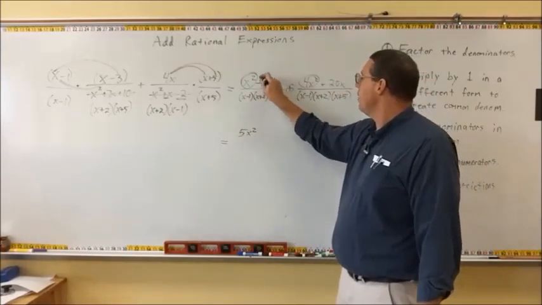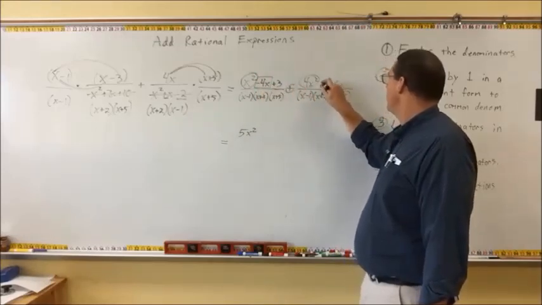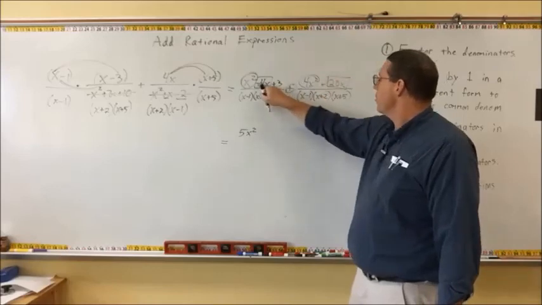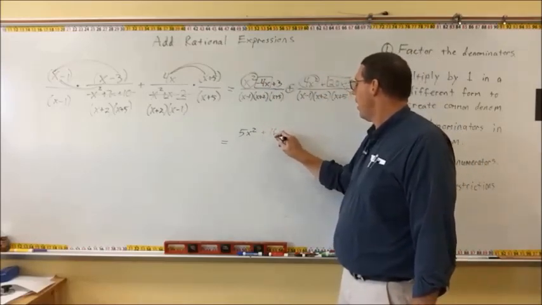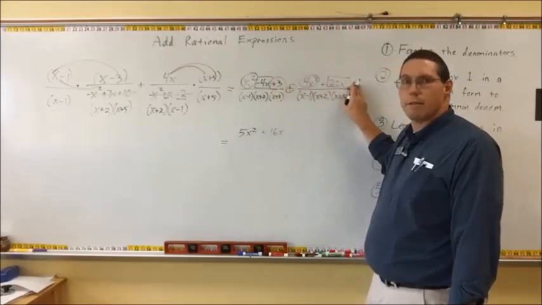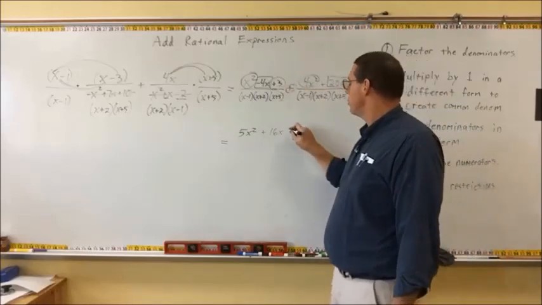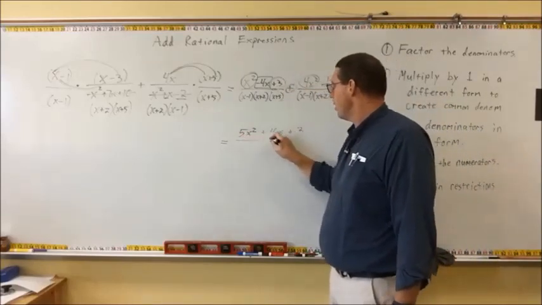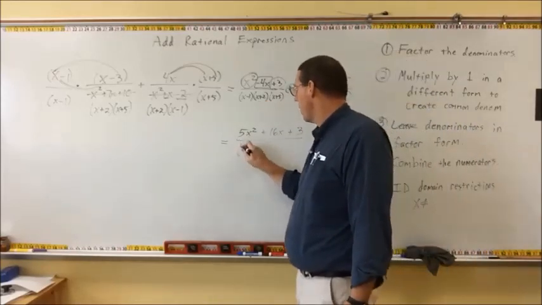Then we've got a negative 4x plus a 20x. So negative 4 plus 20 is 16x. And then over here we have a plus 3, but there are no constants over here. So it's basically 3 plus 0, which is just 3. That's our numerator. And then just carry over the common denominator.